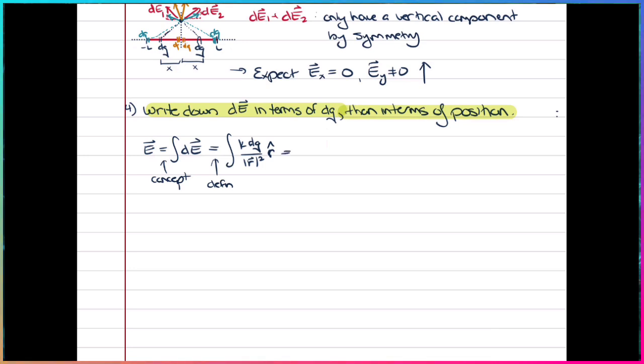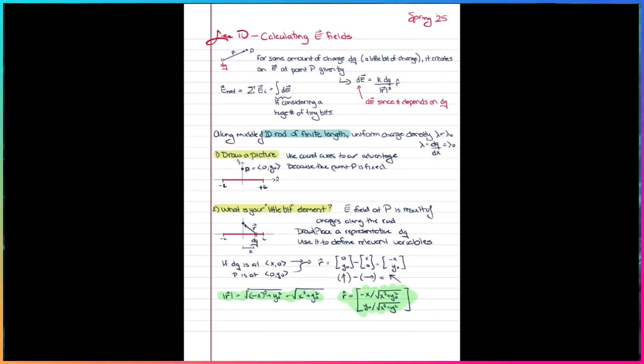Now I'm going to bring over the work that we did on the previous page. To remind us, that r squared in the denominator is going to be the square of this thing, so that's just going to get rid of the square root. And then the unit vector is going to be this thing, which also has that square root business in the denominator.